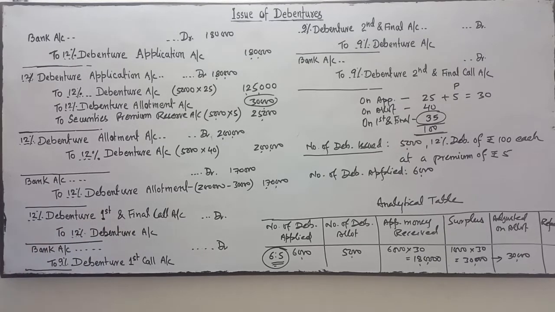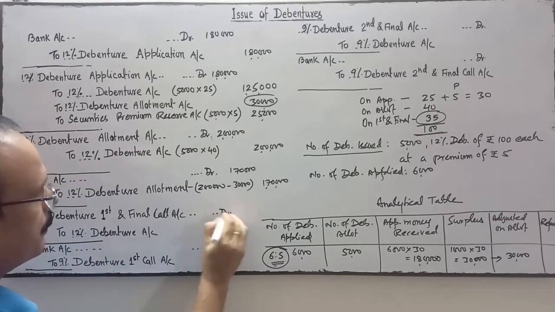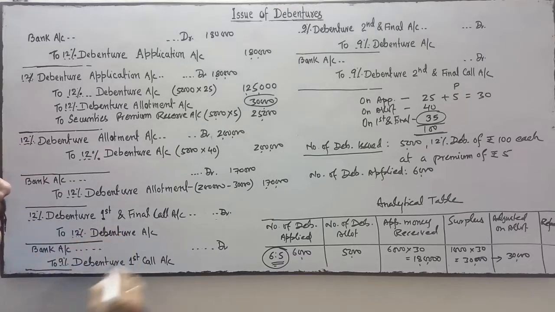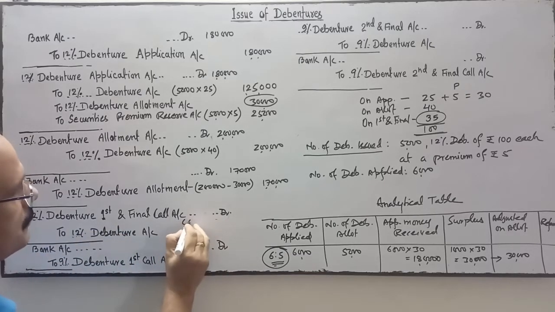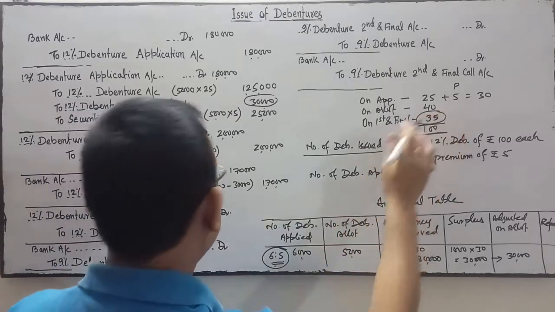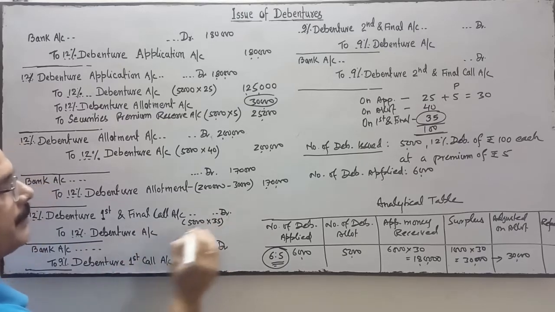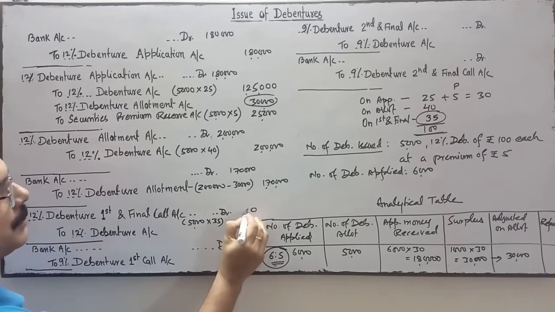So the amount will be: number of debentures is how much? 5,000 which is allotted, and first and final call money is 35. So 5,000 into 35.